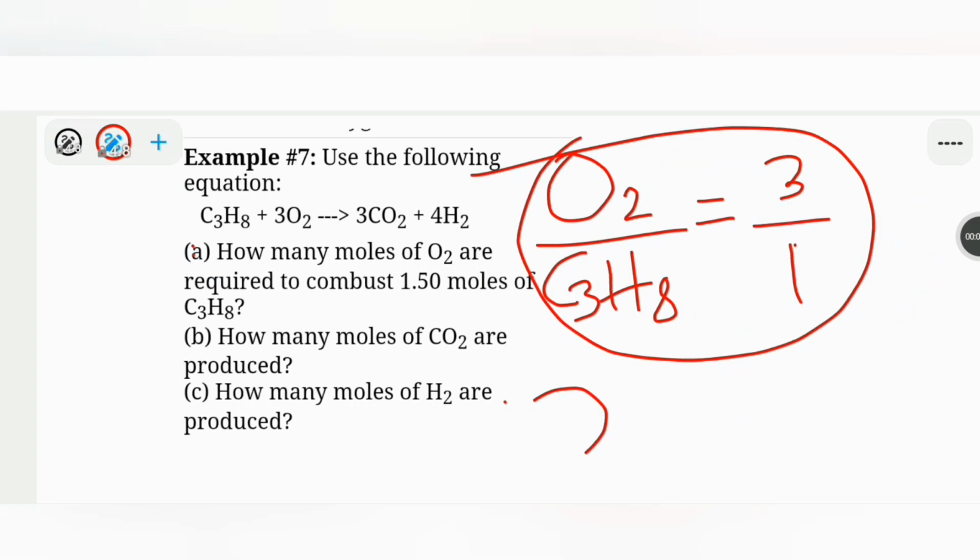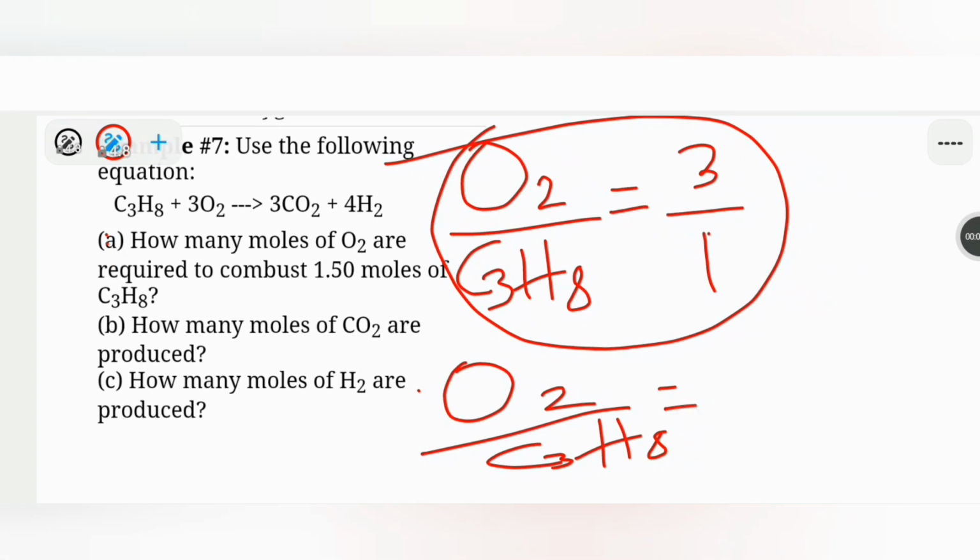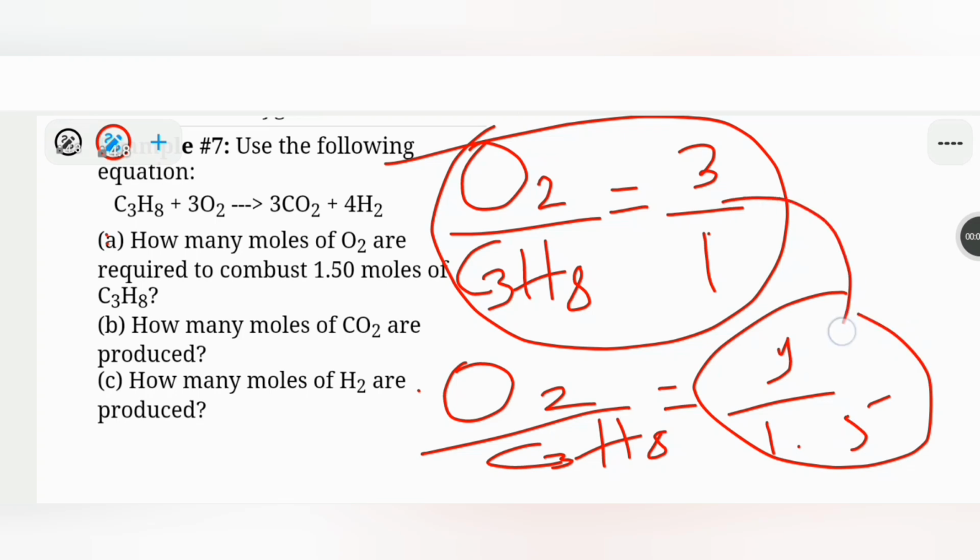Now let's do the molar ratio from the question. So I also need O2 divided by C3H8. From the question, I'm looking for O2, that will be Y, divided by C3H8, which is 1.5 in the question. So all I have to do is equate these two.